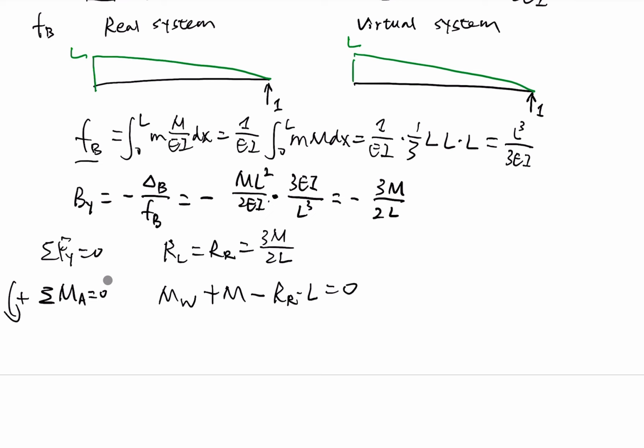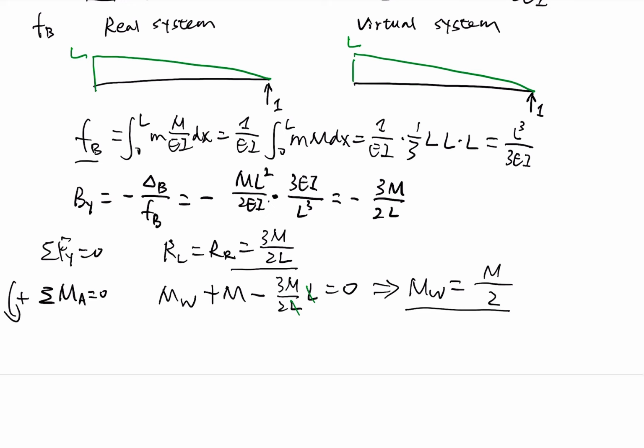We plug in RR, 3M over 2L. If we cancel L and L, then we get MA equal to M over 2. So this is the result.